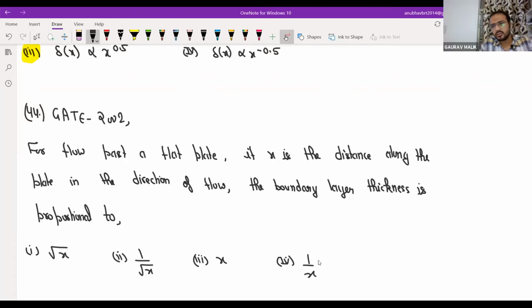By the way, this question is not complete. This question is incomplete, but with the help of options, because it is a GATE question, sometimes you need to react like this. The right answer of this question will be: first is the correct one.